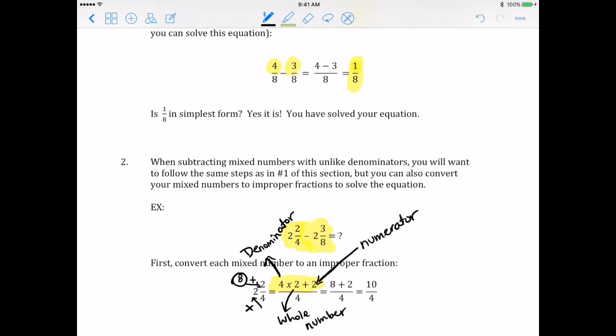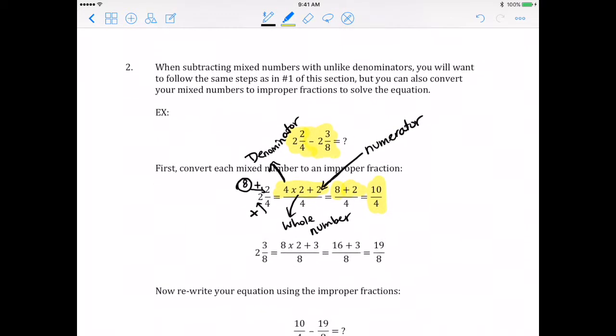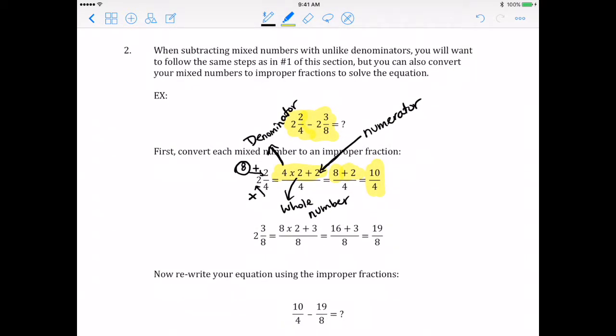Okay? Now, what is 4 times 2? Well, that's 8. And then we're going to add the 2. And so your improper fraction becomes 10/4. You're going to do the same thing down here with your other mixed number, 2 3/8.